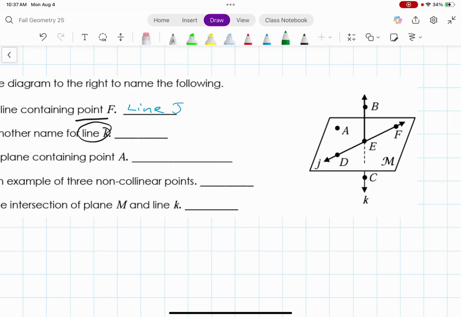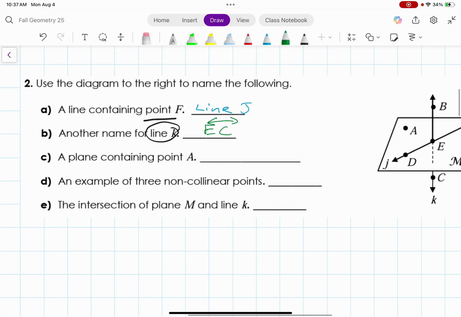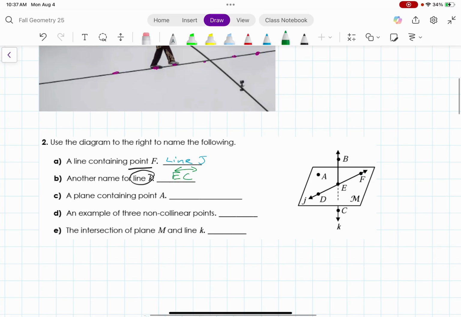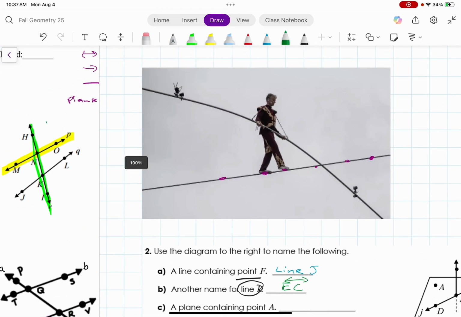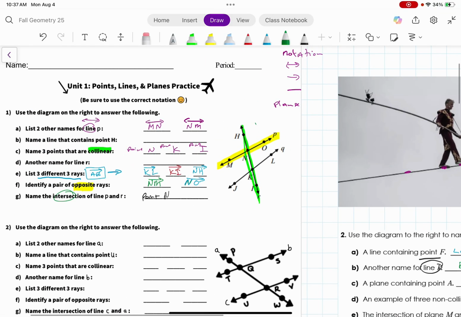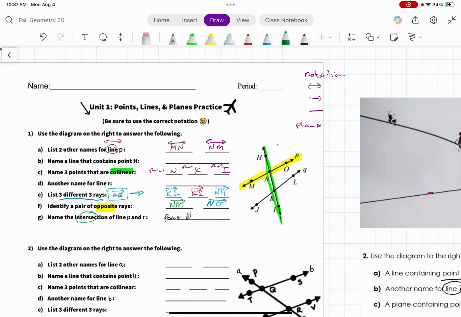So I'm going to say EC. And don't forget your double arrows. Alrighty, I'll leave you there. Just remember to walk like a tightrope and know where it is, because that's going to be very crucial for the next couple of units you have to work with.